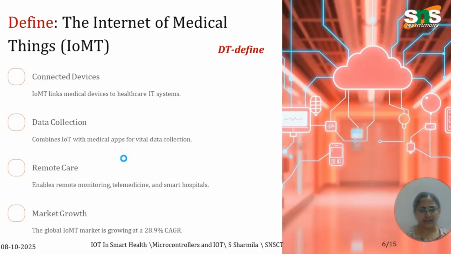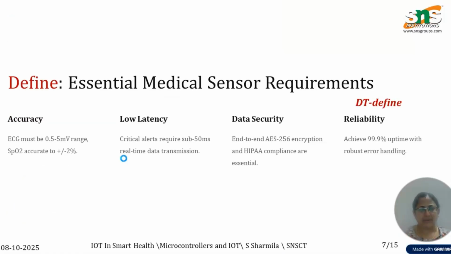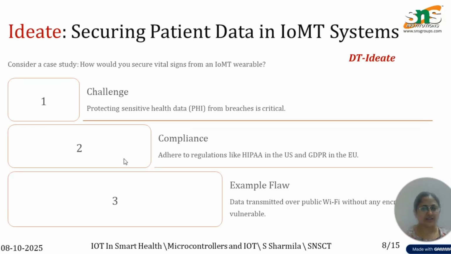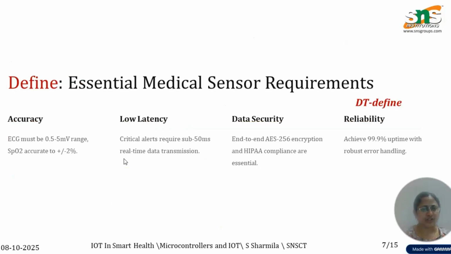In medical IoT, accuracy and reliability play a vital role. For example, ECG sensors operate in the range of 0.5 to 5 millivolts, and SpO2 accuracy is plus or minus 2%.